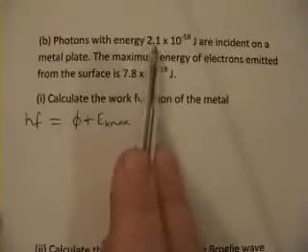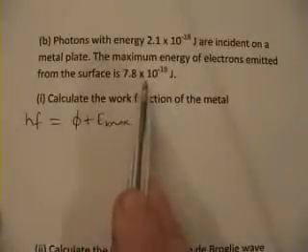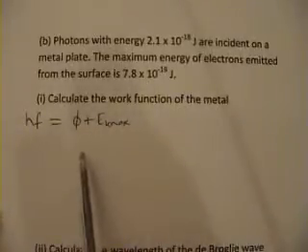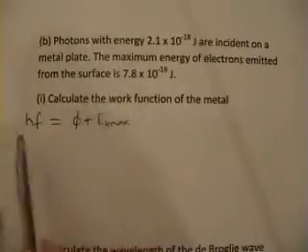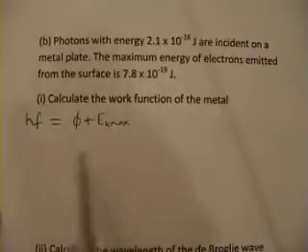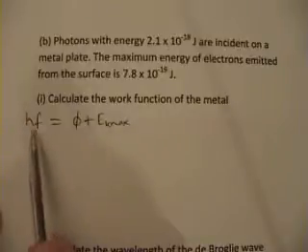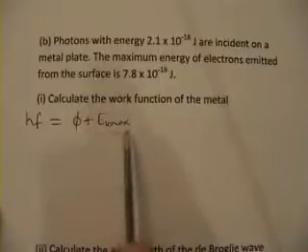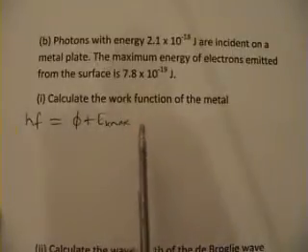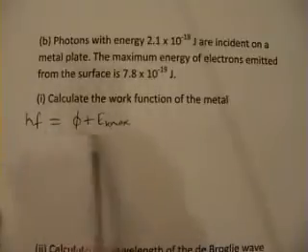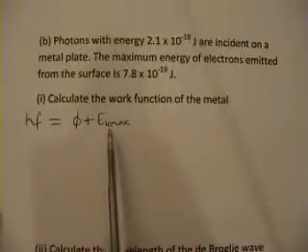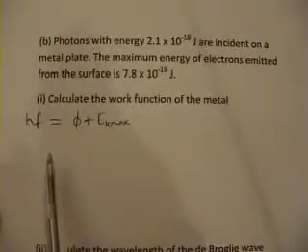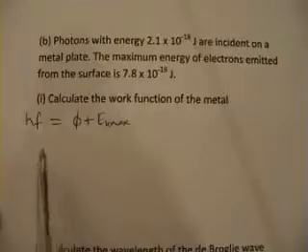If we're told the photon energy and we're told EK max, then either by using this equation, or by just using common sense and the ideas of what the words tell us, we know that the energy of the photon is equal to the work function plus the maximum kinetic energy of the electrons. So to find the work function, it's just the difference. We either do it mathematically by rearranging the equation, so EK max goes to the other side and becomes negative, or we just say it's the difference between them.